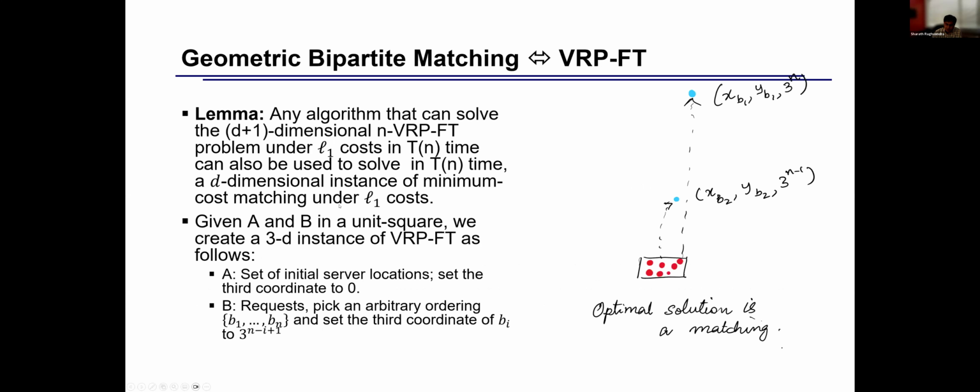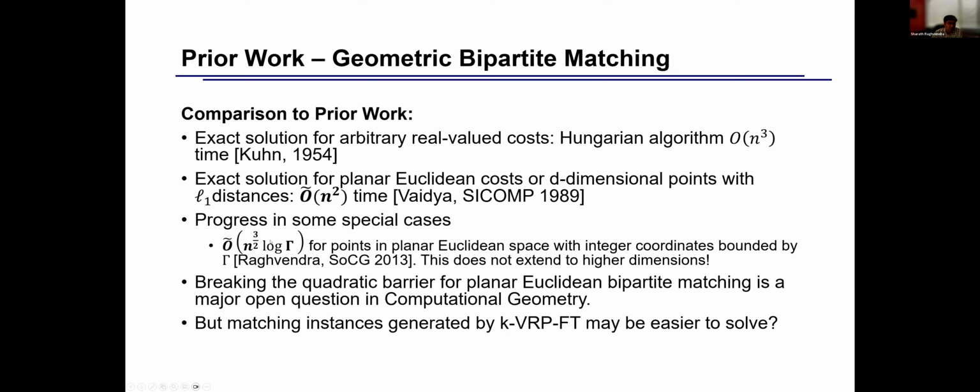There have been some special cases where one can do better. For instance, I had a paper in 2020 in SoCG where we assumed the coordinates were integers and we're dealing with Euclidean distances, so the costs were square roots of integers, so they're real valued.